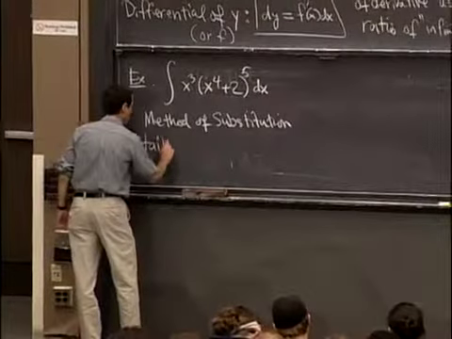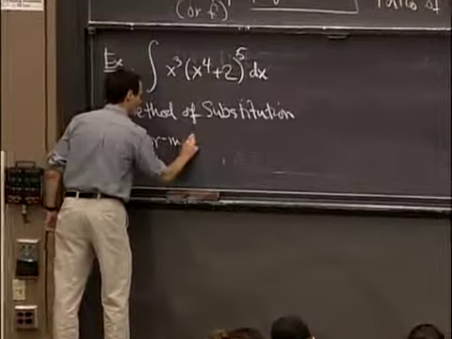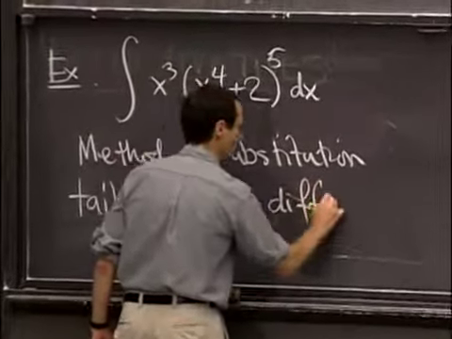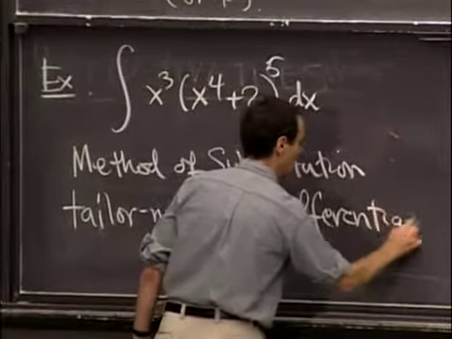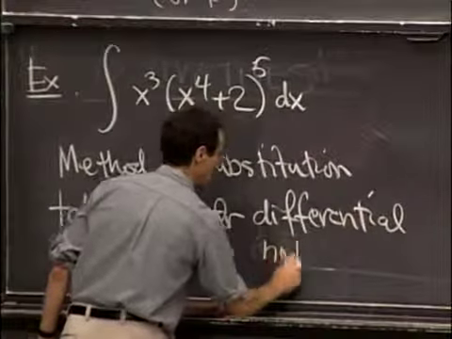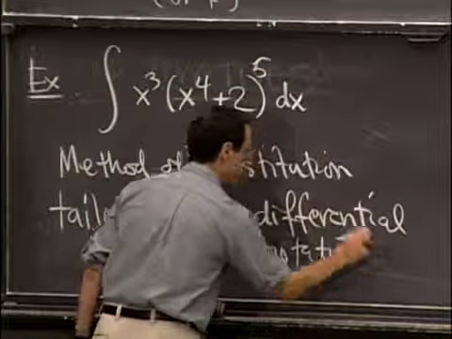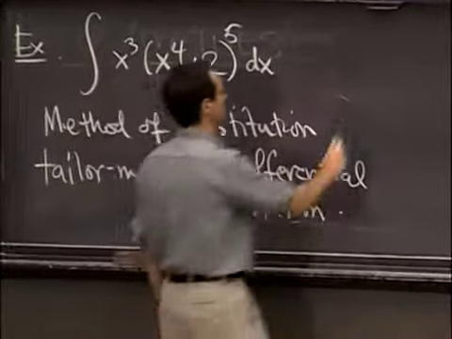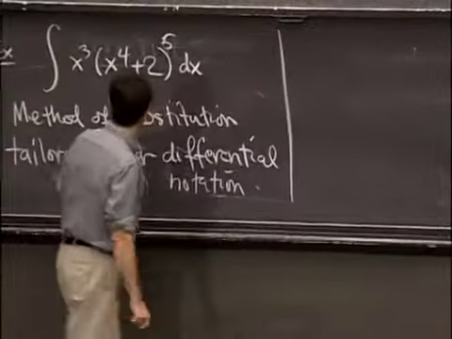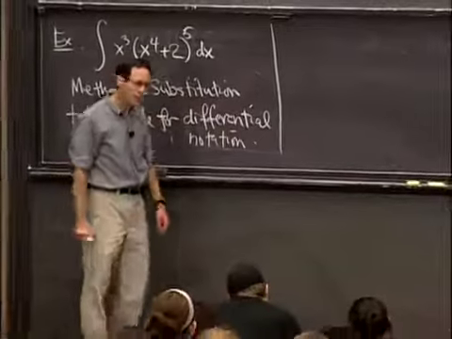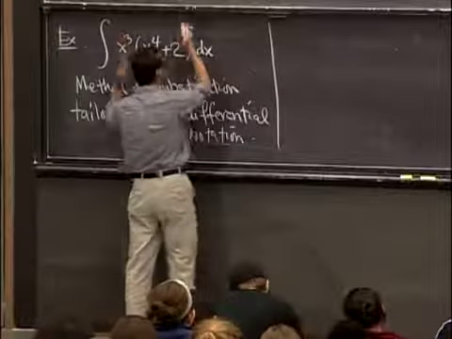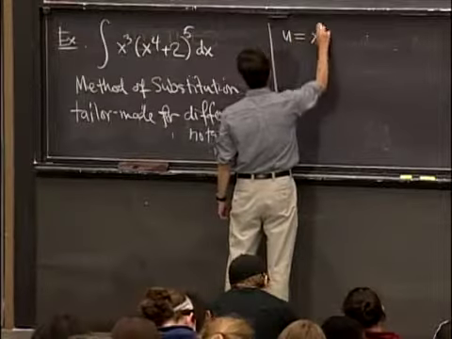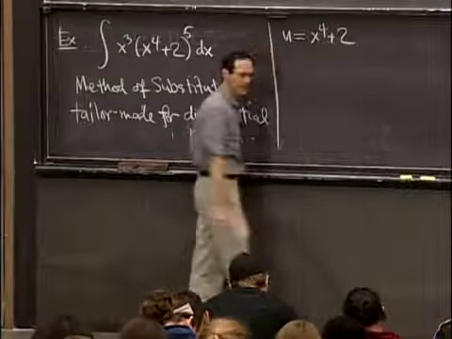So tailor-made for differential notation. The idea is the following. I'm going to define a new function, and it's the messiest function that I see here. It's u is equal to x to the fourth plus 2.